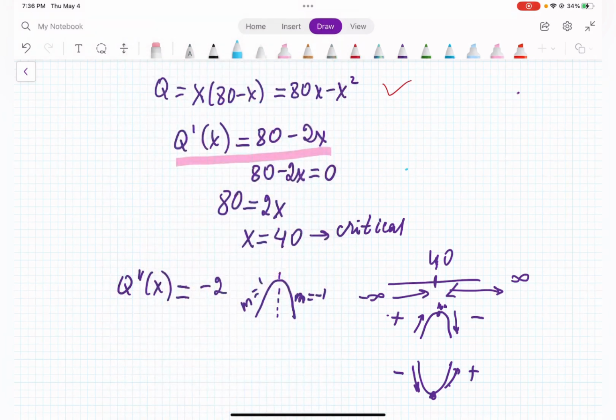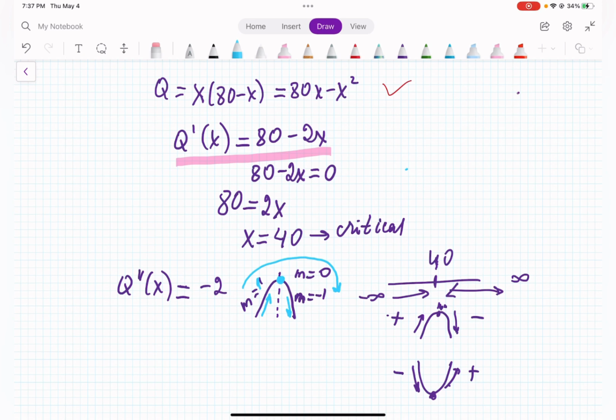So this is rising, this is falling, and at this point m equals 0. So, positive slope, 0, and then negative slope. The slope is falling, which means concave down. That means this critical point, 40 in our case, is going to be a maximum.